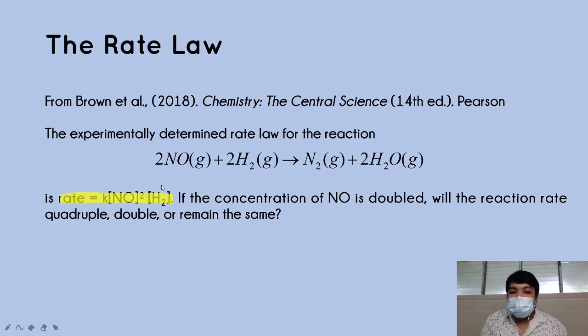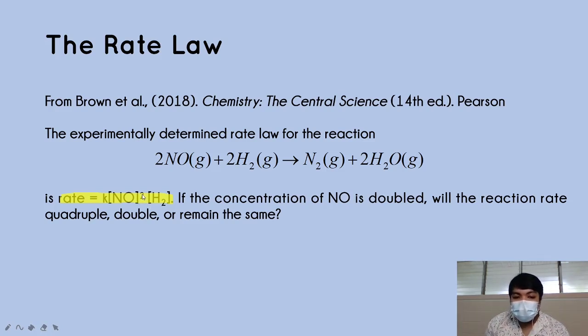Now, since the nitrogen monoxide is here in the rate law, that means it affects the rate of the reaction. Thus, when you increase the concentration of your nitrogen monoxide, the rate will not remain the same.